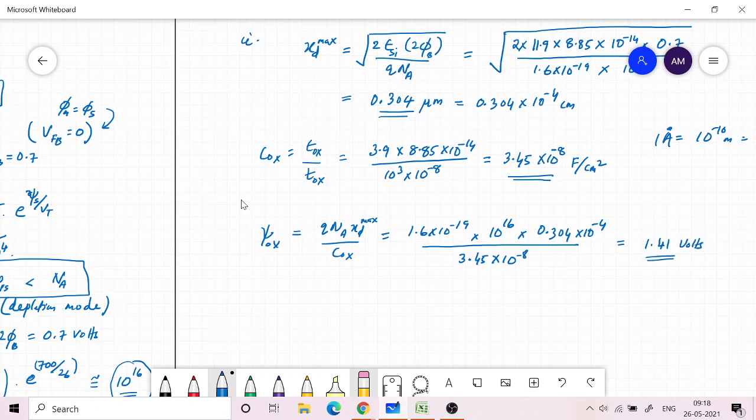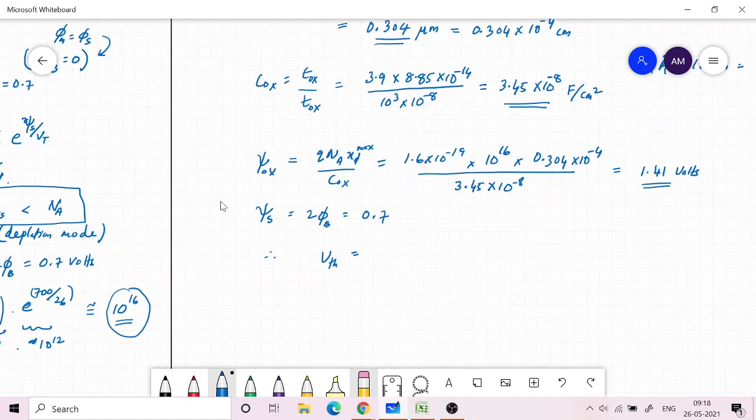Now what is Ψs? Ψs is basically 2φb, which is 0.7, and therefore VTH. Okay, so again I am repeating, this is the case where flat band voltage is 0. If flat band voltage is not 0, I need to add the flat band voltage, which is basically φm minus φs.